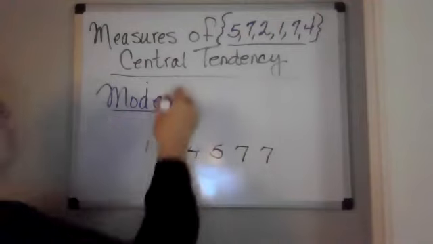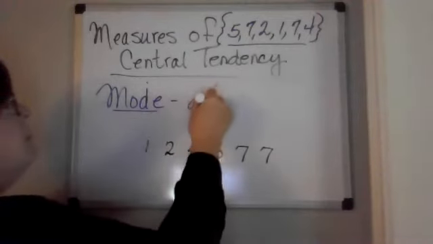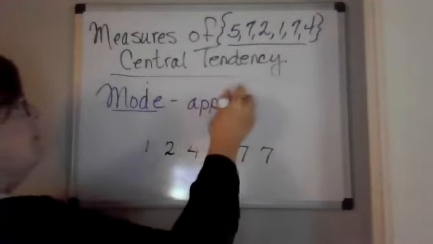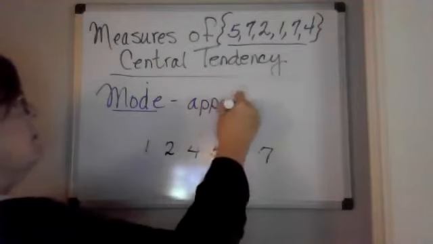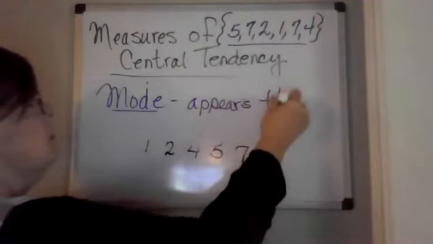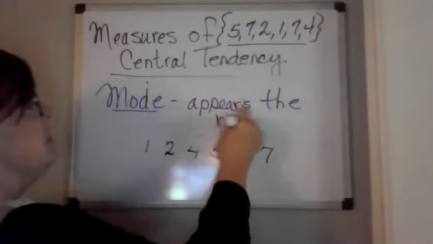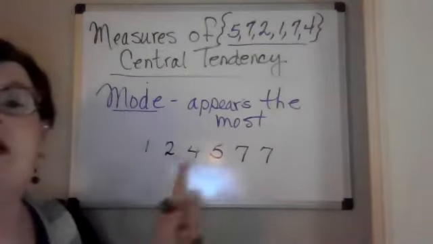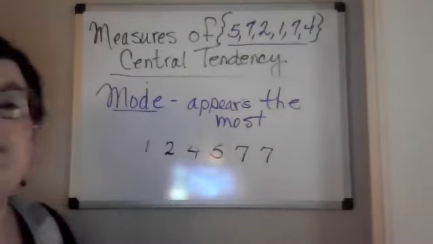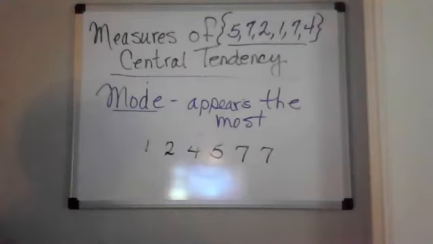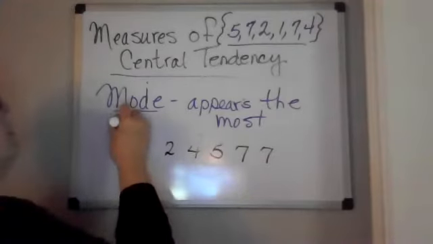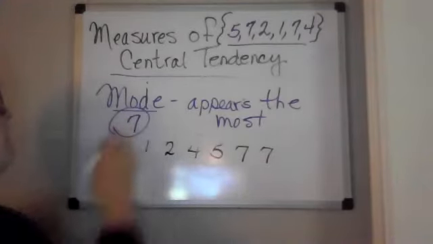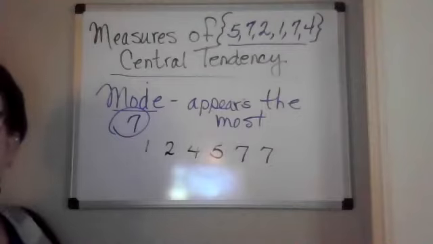Mode, most. It's the number that appears the most times. If you already have the numbers in order, it's a lot easier to find the one that repeats. And so in this case, the mode will be 7, okay?